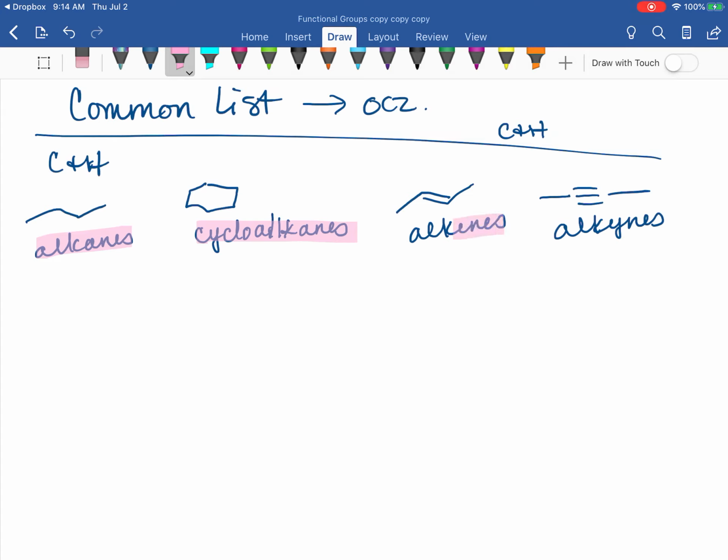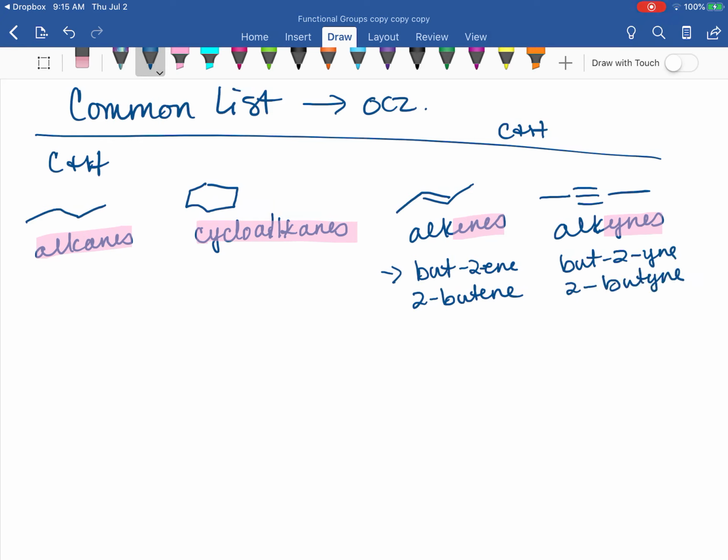And then you guessed it, as you're naming, you're going to end your name with "ene" or "yne" if that's your compound. So for example, this would be a butene or 2-butene. And then the same over here, this is but-2-yne or 2-butyne. Okay, so I love it.